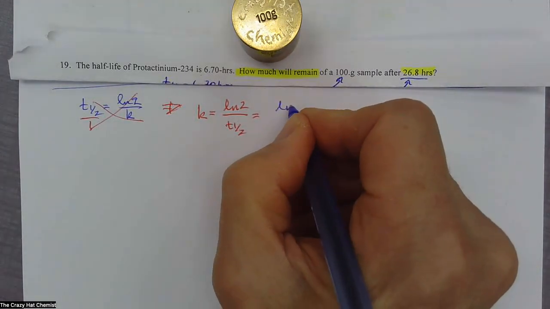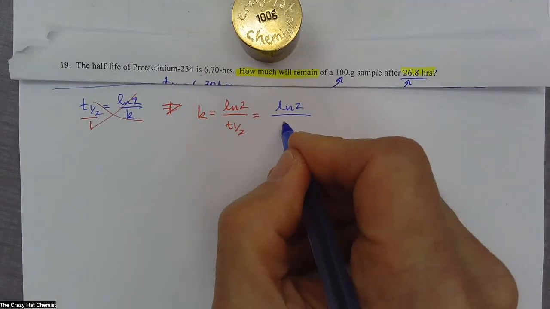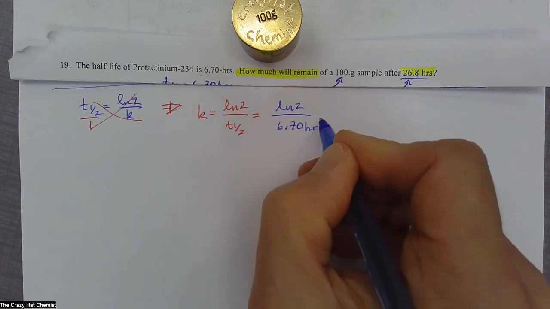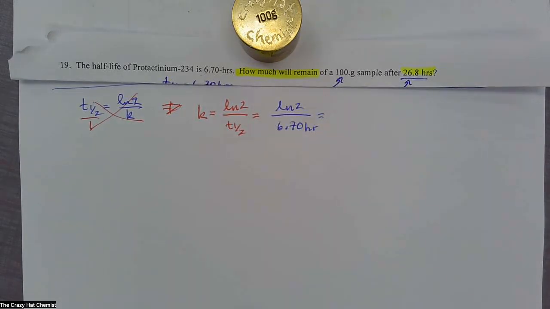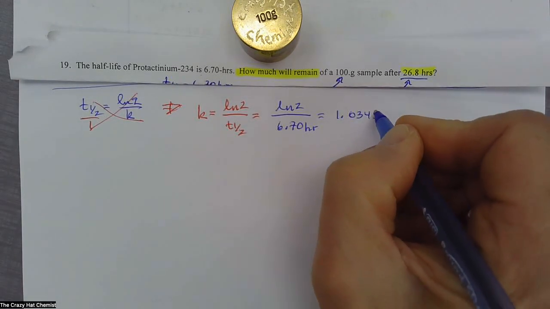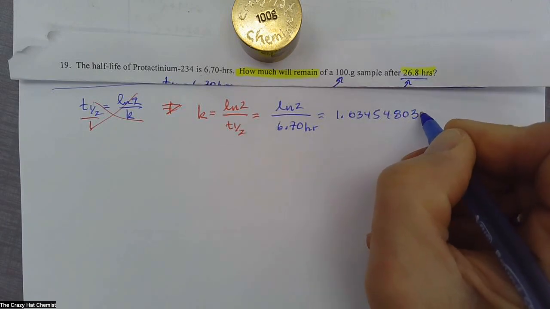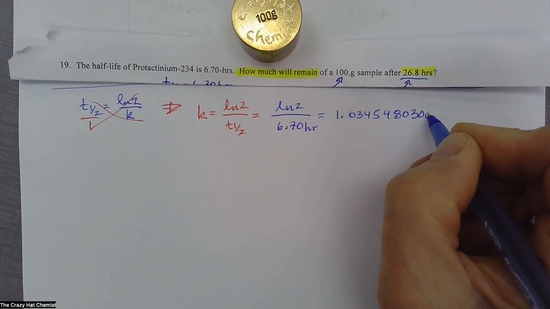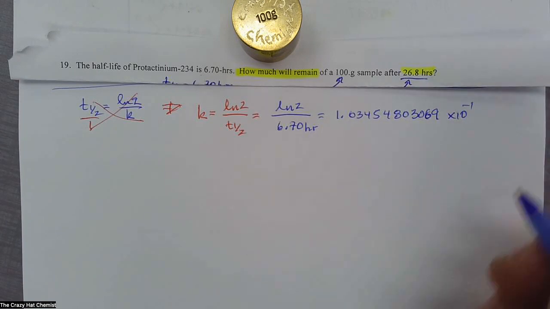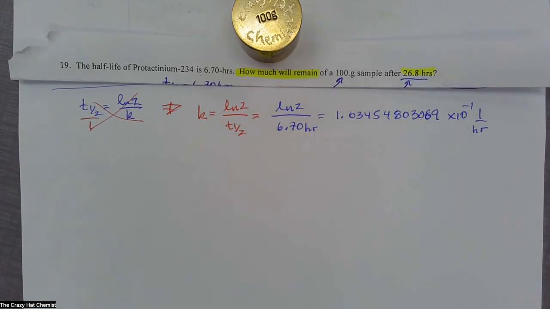That will be natural log of 2. That is a number. Okay, and then we have the half-life, which is 6.70 hours. We're going to get a number here, and that is 1.034804803069 times 10 to the negative 1, and this is per hour because it's per unit time.